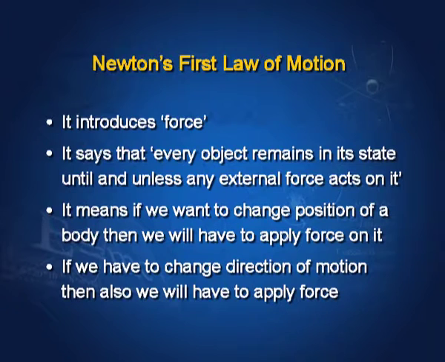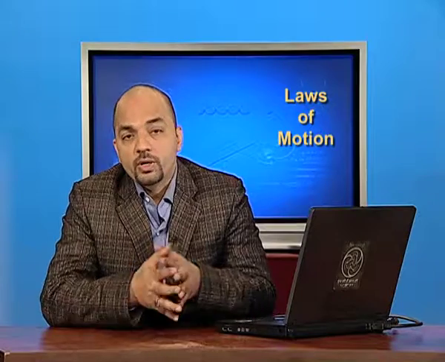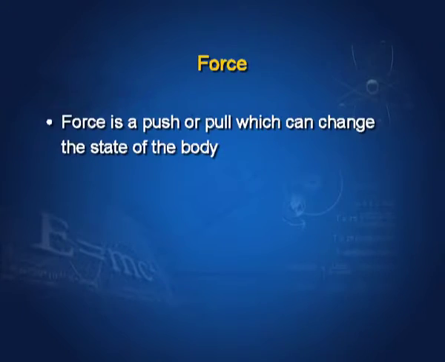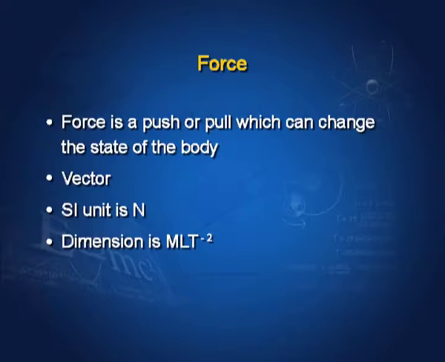If we want to change the direction of motion, then also we will have to apply force. What is this force? Force is a push or pull which can change the state of the body. It is a vector quantity, its SI unit is Newton and its dimension is MLT^-2.